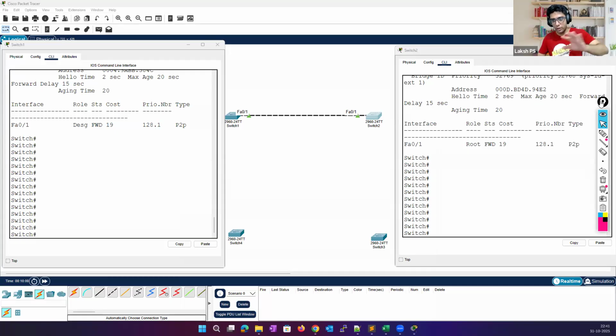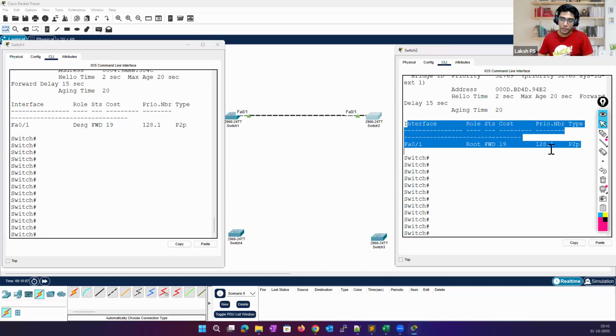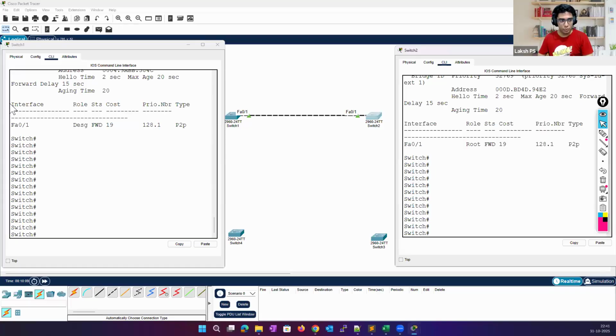Basically, these two outputs that we see on both the switches tell about the spanning tree information for the interface. I mean, this fast Ethernet 0/1 on switch number one is a designated port, its state is forwarding, and its spanning tree interface cost is 19.